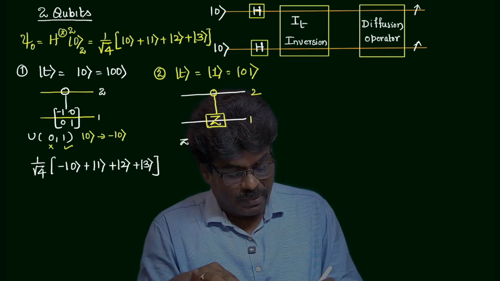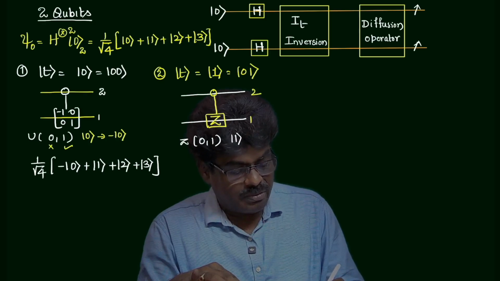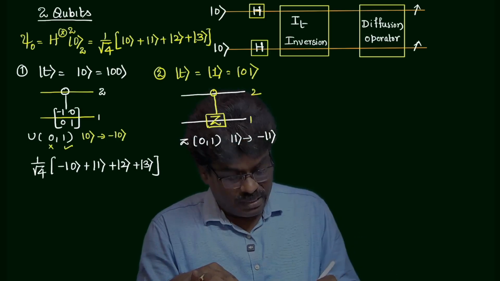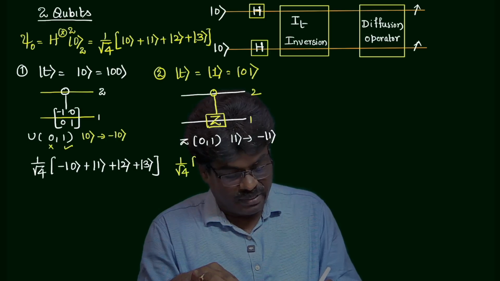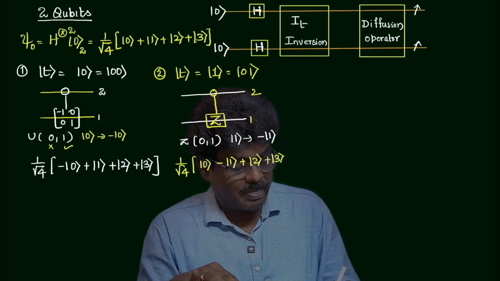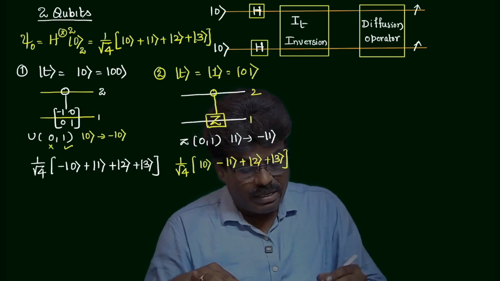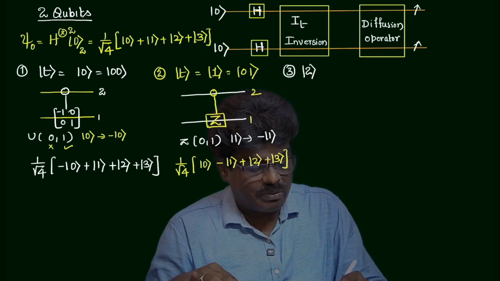So here this operation Z of 0 comma 1 converts 1 to minus 1. So with this our final state will become 1 over root 4, 0 minus 1 plus 2 and plus 3. Okay, and similarly you can take the third one, that is 2.